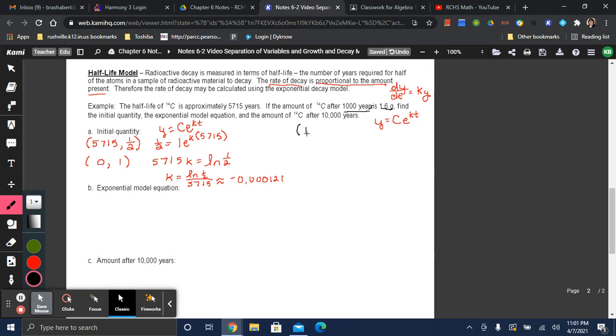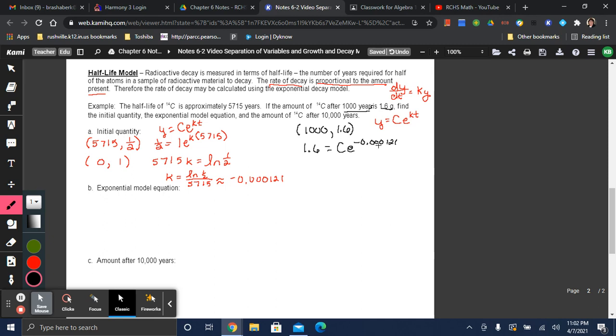So remember, 1,000 is the time, 1.6 grams is the amount. I can use my value of k and make my substitution. So the y would be 1.6 equals, I'm looking for c, the actual initial amount, e, and then using my value of k, and I do want you to use stored values.